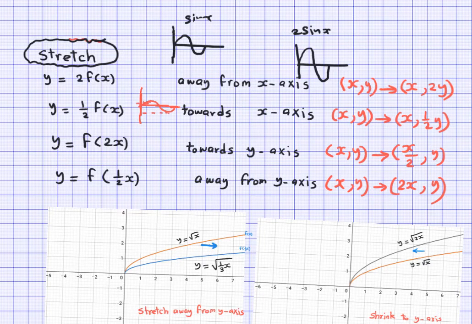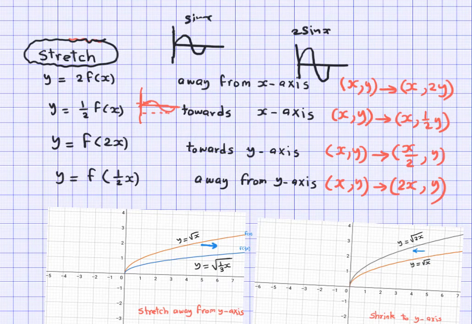So the points move towards the x-axis. For the first one, y equals 2f(x), the point (x, y) will be (x, 2y). For the second, y equals half f(x), the point (x, y) will be (x, half y).